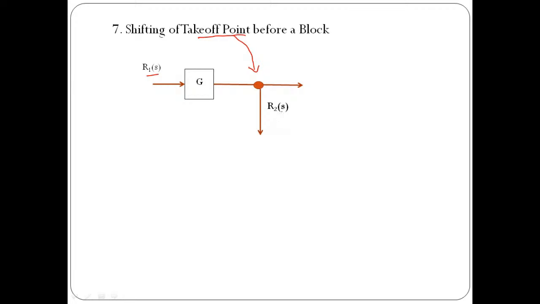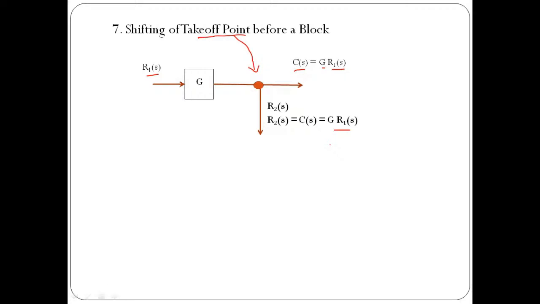Now, in this case, first we calculate the output of this feedback signal that we have taken for feedback purpose. The output is C(S), and it is input multiplied by gain. So this C(S) is taken for feedback purpose. So the value of R2(S) is going to be C(S), and it is G times R1(S).